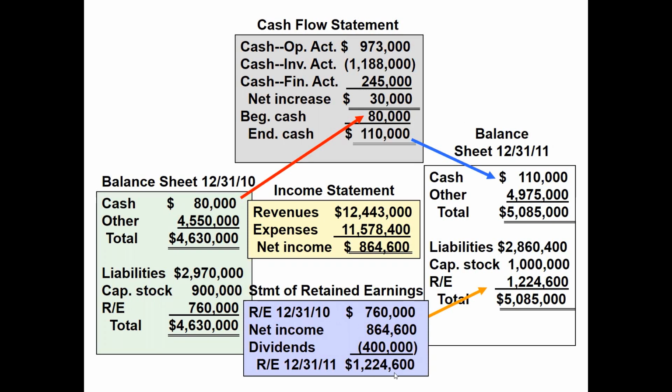So here, to know the dividend, you add this and then you less the retained earnings for 2011 before you'll be able to get the 400,000. So when you add the 760,000 plus 864,600, and you less 1,224,600, you get your dividend paid, which is 400,000.